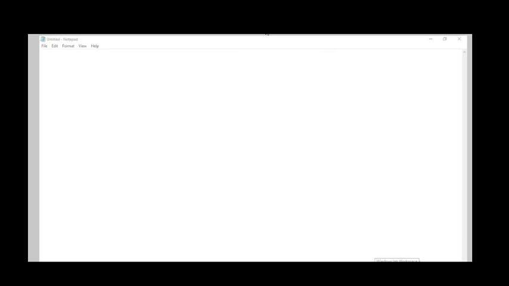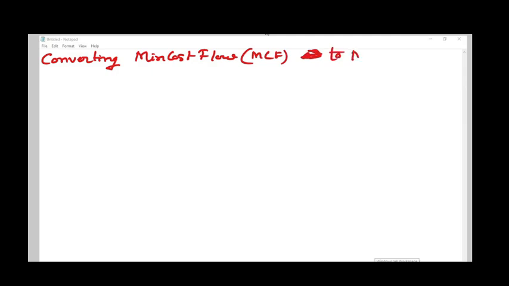Now, converting min cost flow, which is in short MCF, to max flow. What is the algorithm for conversion?